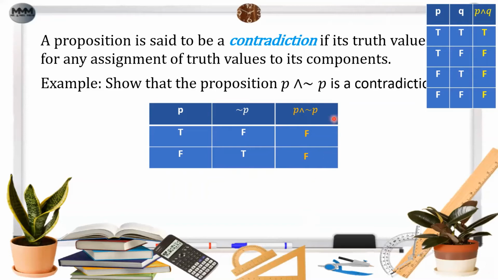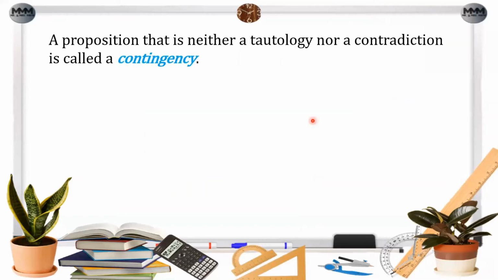So you can conclude that this compound proposition is a contradiction. Now, if there exists just one entry that is not false, that is T, then you cannot conclude that it is a contradiction. Rather, it is a contingency, neither a tautology nor a contradiction.